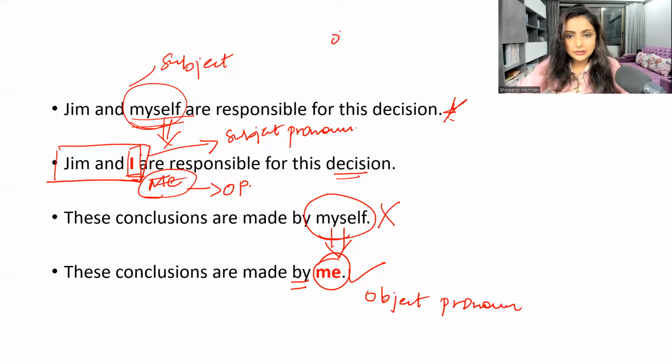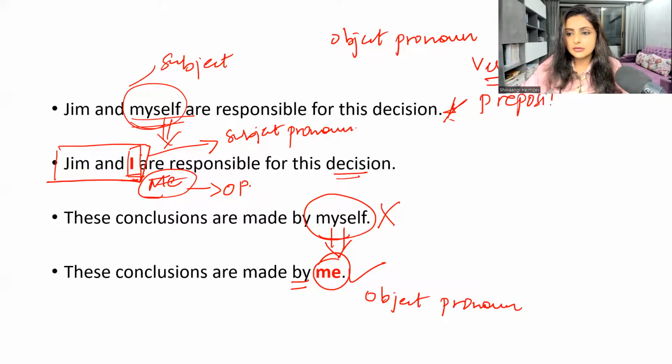Now always remember one thing, an object pronoun will always be an object of either the verb. So you have a verb and then the OP, object pronoun, or you can have a preposition and then the OP, that's the object pronoun. So here, this is the second case.